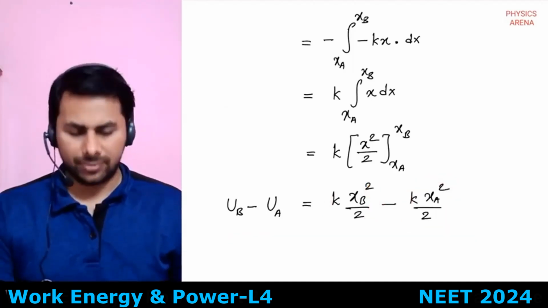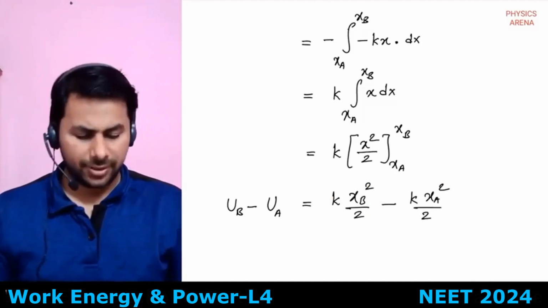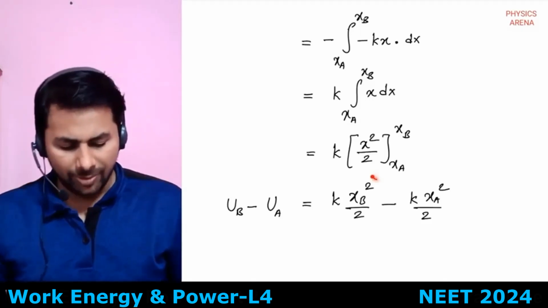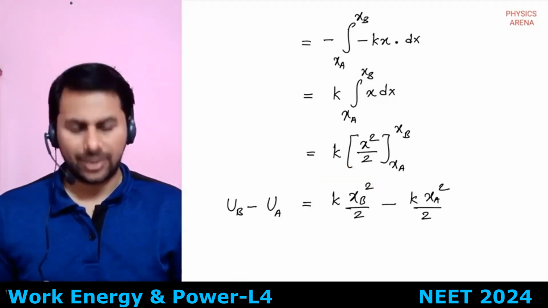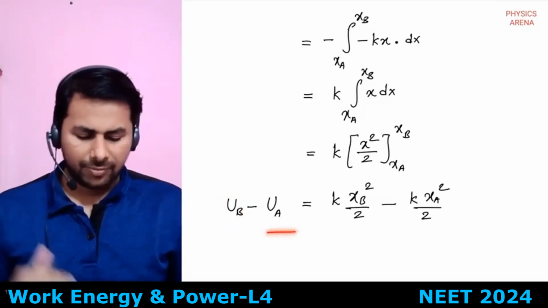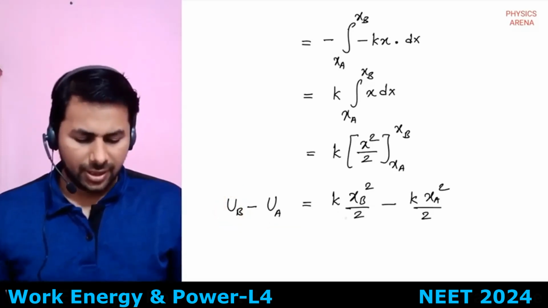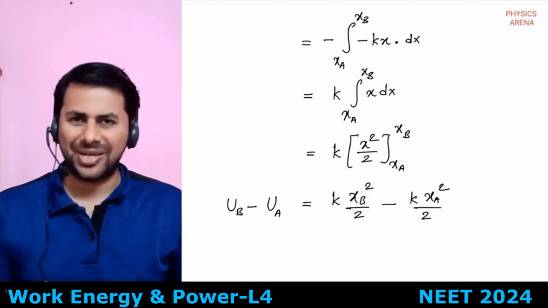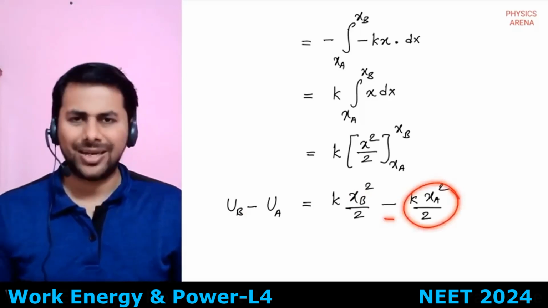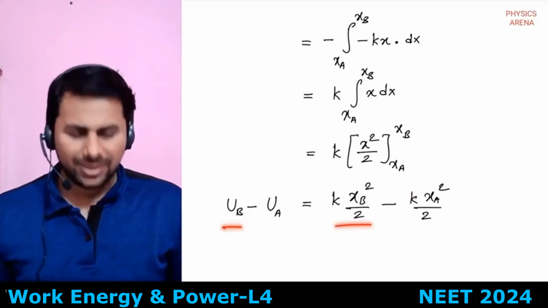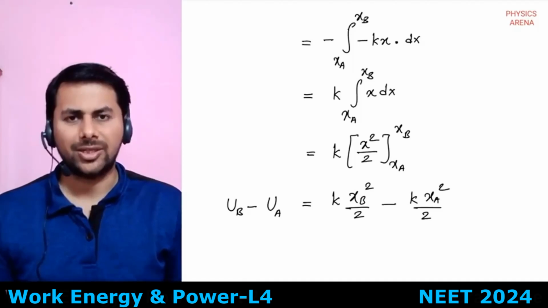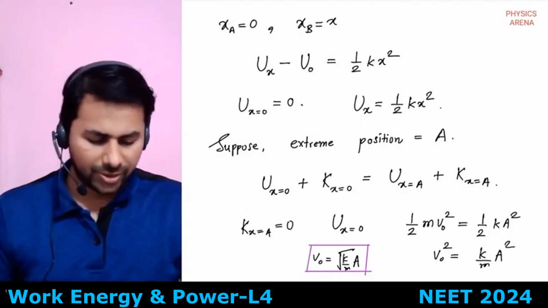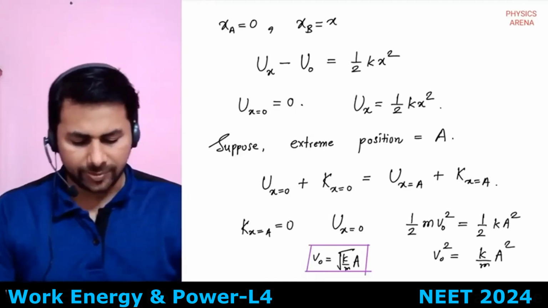This is the change in potential energy, because potential energy at b minus potential energy at a is half of k xb square minus half of k xa square. Comparing this, we get the formula for the potential energy of the spring: half of k into x square.